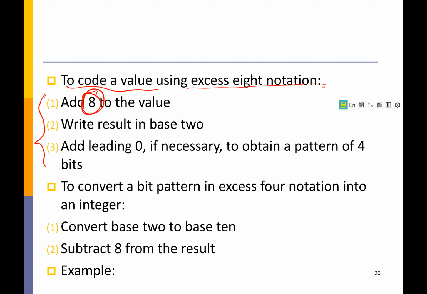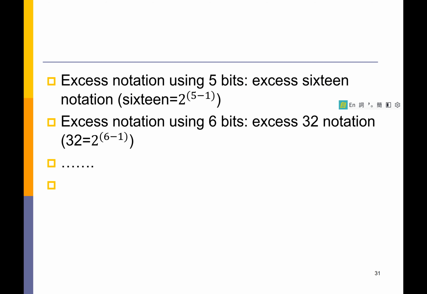And if you want to convert a bit pattern in SS8 notation into an integer, these two steps you have to follow. It's also similar to SS4 notation, the example we just did.